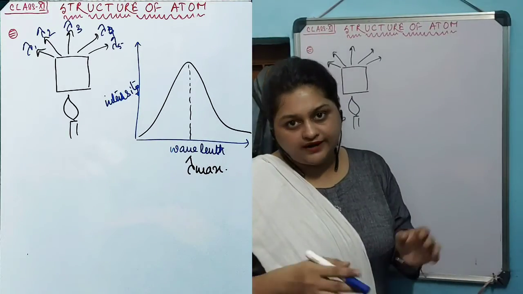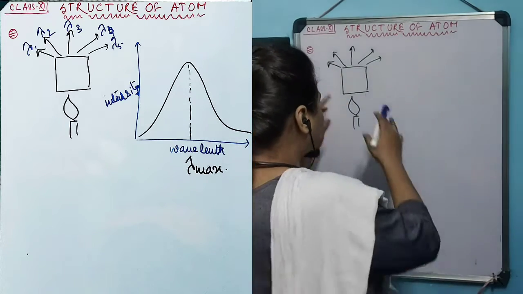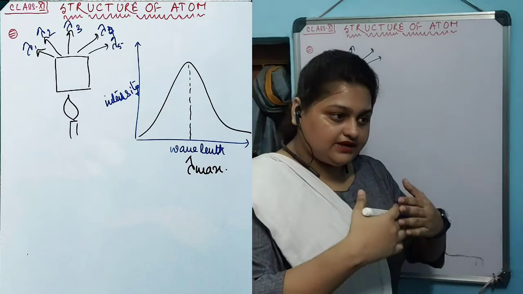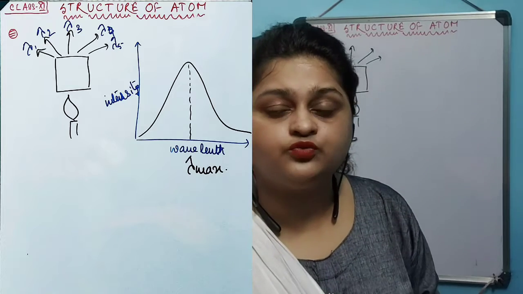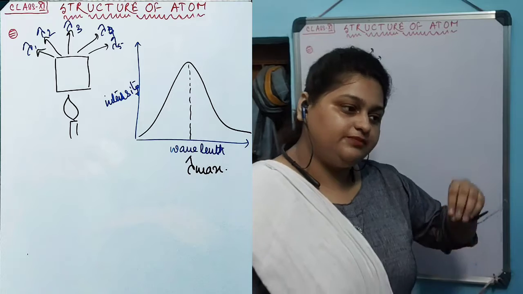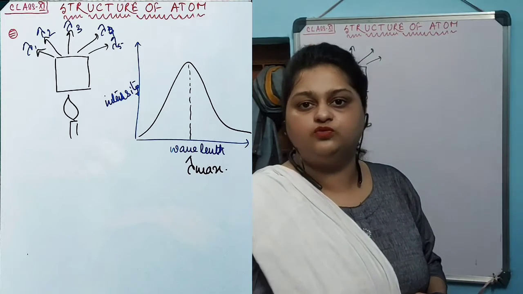Now let's see what happens when a material body is heated or irradiated. When a material body is heated, it emits radiation with all the possible lambda values, all the wavelengths, from the minimum possible wavelength, 0, to infinity, the maximum possible wavelength.